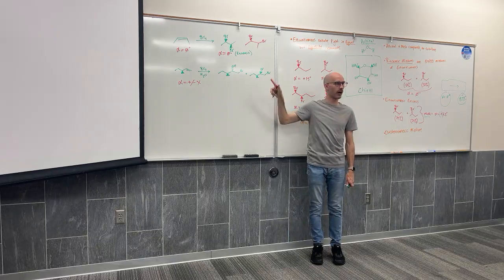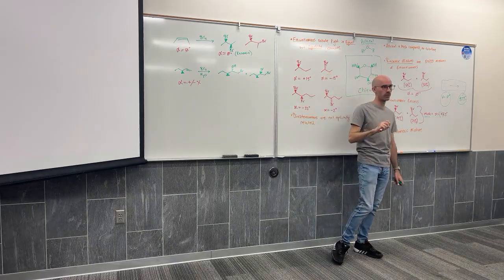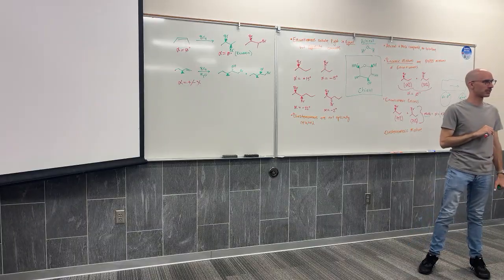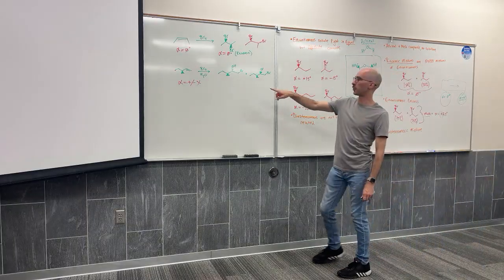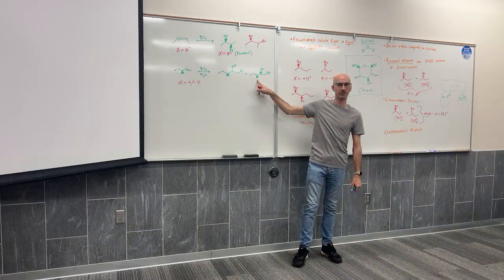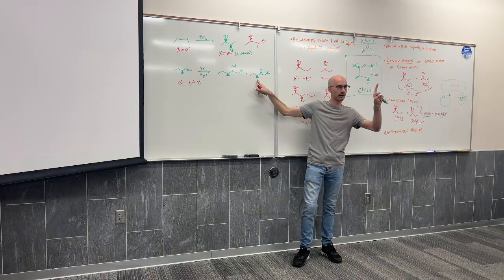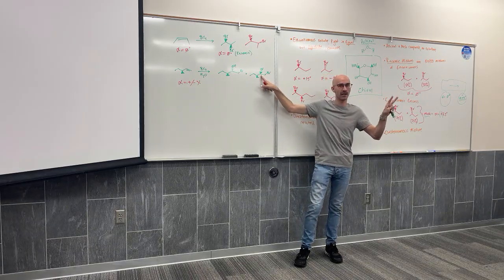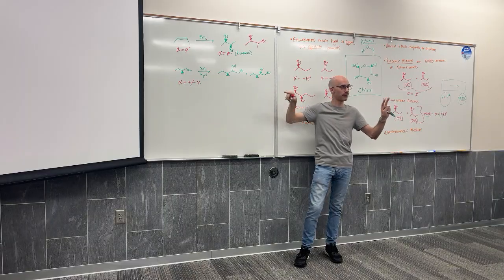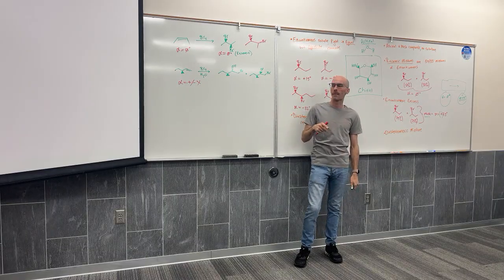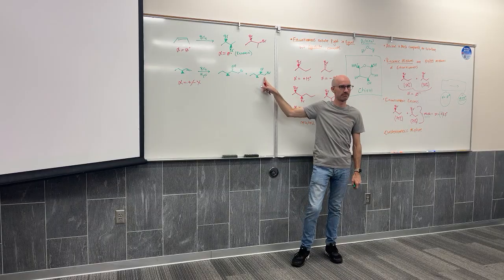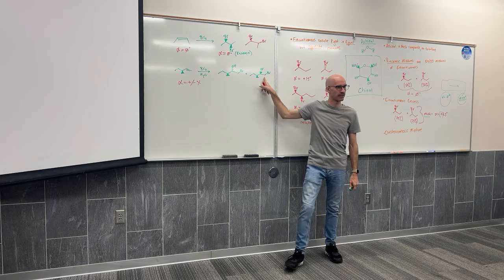What do you notice about the products? Two products form. How are they related? They're diastereomers to each other. The methyl group has the same configuration. One chiral center conserved. The alcohol has different configurations. One chiral center flips. And notice that the bromine is not on a chiral center, so it doesn't really matter whether we show it as wedged or dashed.